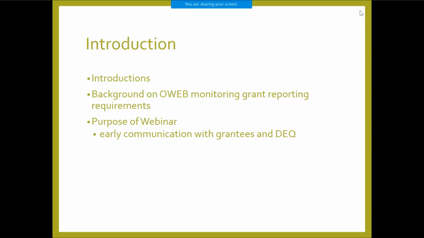Later in the webinar, we're going to talk about how you meet these reporting requirements, and also about the level of quality assurance required to use OWEB funds for water quality. The purpose of this webinar, you'll see a theme throughout, is to encourage early communication between grantees and DEQ.